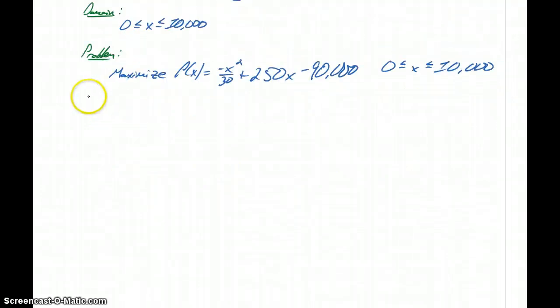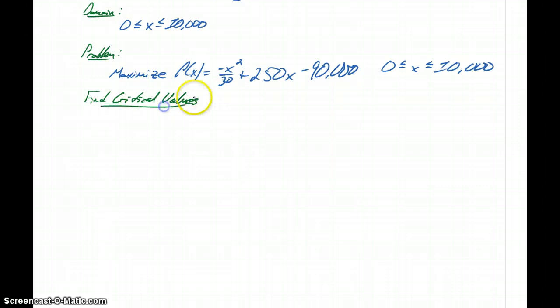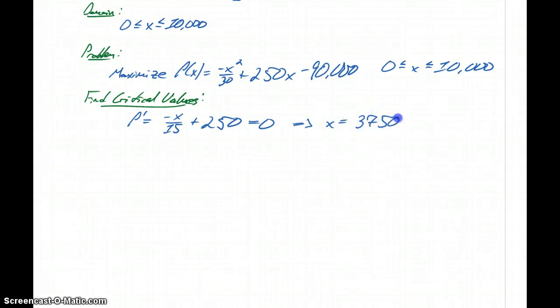So now that we know the problem that we're trying to solve, we can find critical values. So the derivative of our profit function will be negative x over 15 plus 250. Setting that equal to 0 will give us x equals 3,750 as our critical value.